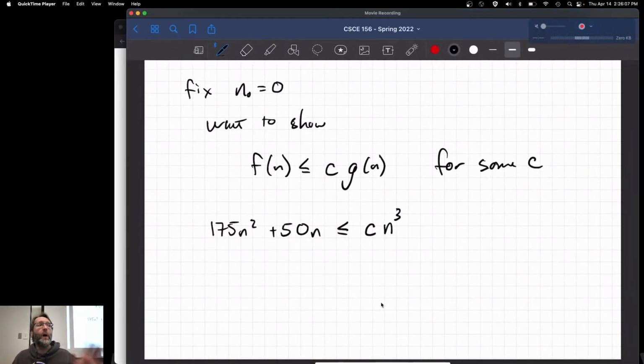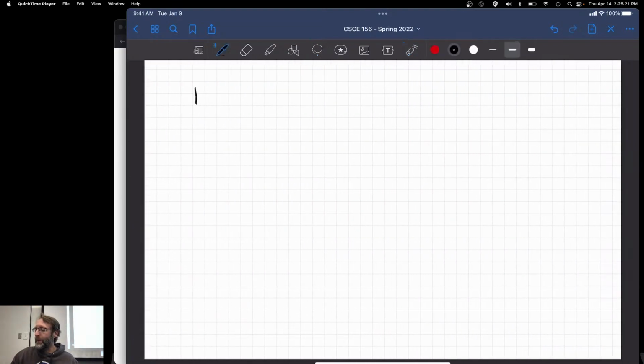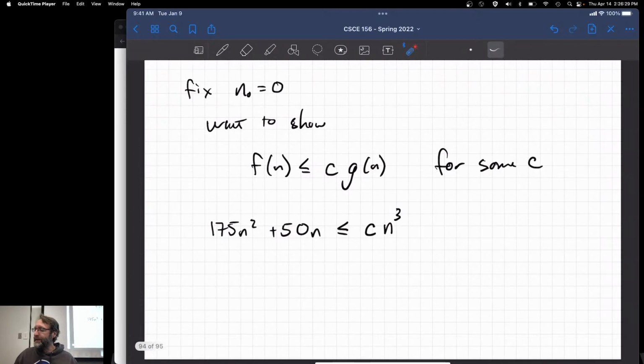Now, how do you actually achieve this algebraically? What we're going to do is take the thing on the left-hand side and make it look like the thing on the right-hand side. So let me start out with the left-hand side: 175n squared plus 50n. We want to show that that is less than some c n cubed.